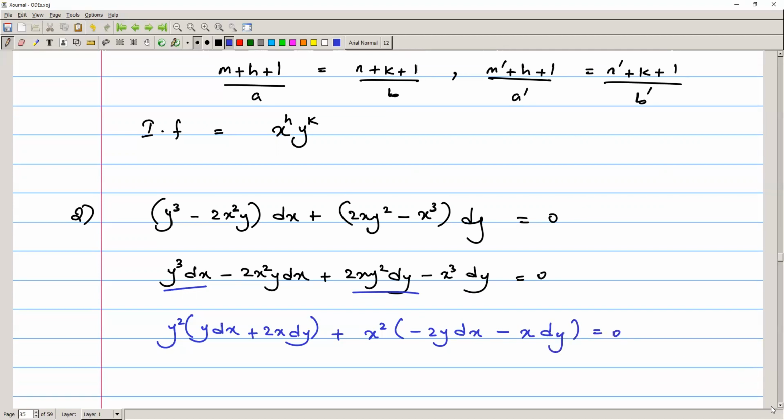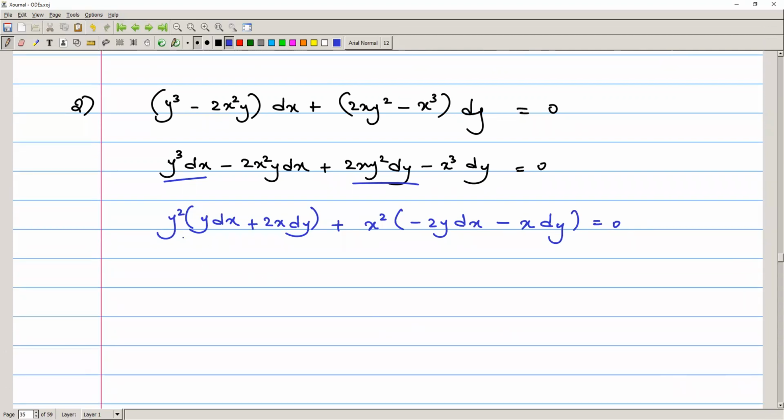And now we can compare this equation with the standard form. So we have x to the power 0 here and y to the power 2 here, and here we have y dx and x dy, and y dx and x dy, right? So we just need to find h and k.